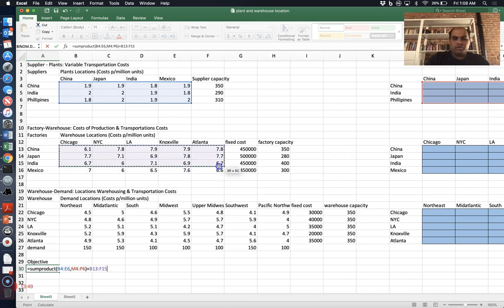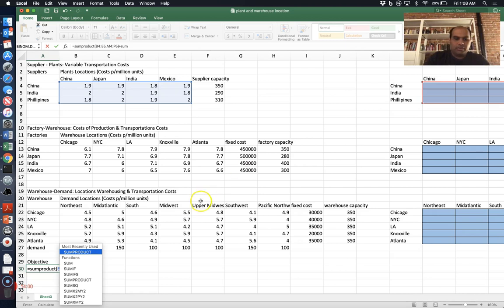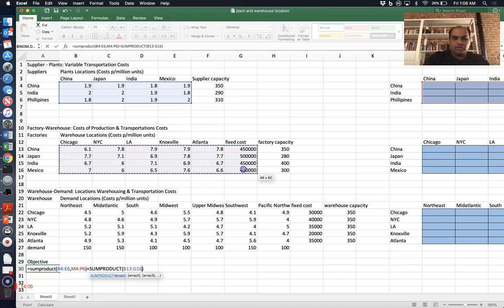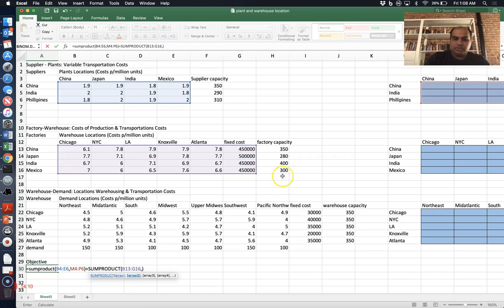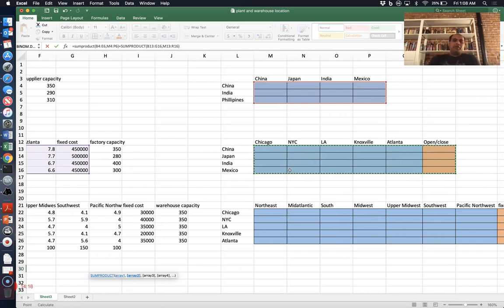here again, as usual, I'm going to include the fixed cost automatically. I have to write sum product first. Sum product of the variable cost values and the fixed cost values, comma, the Xij and the corresponding Yi variables. Right?